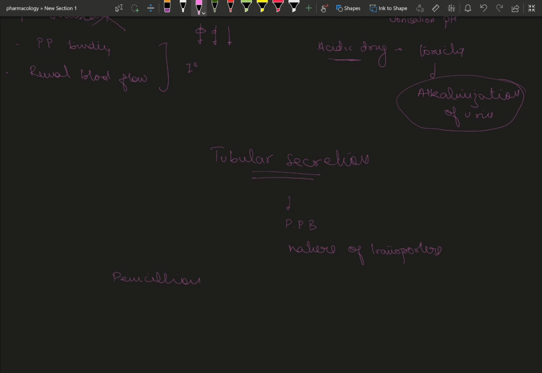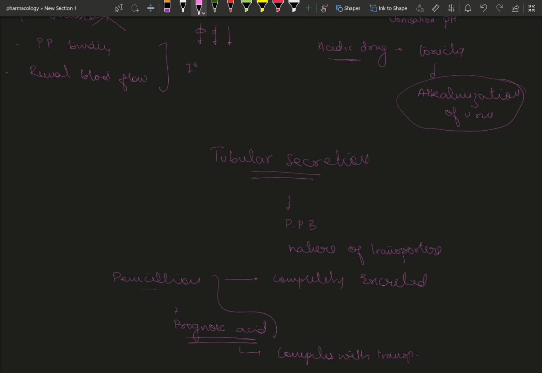Now let us take a very good clinical example of penicillin. Penicillin is very rapidly excreted from the body without having a great therapeutic effect. What we do is give probenecid with it. Probenecid competes with the transporter and doesn't allow penicillin to get excreted.